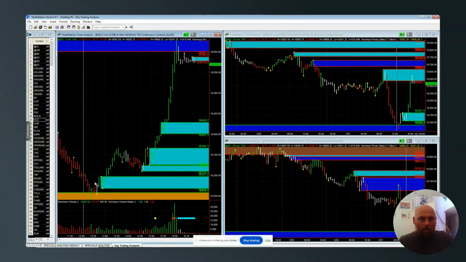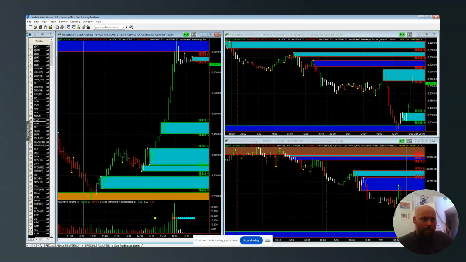So on the 5-minute, what do we pull into? A support zone. On the 30-minute, what do we pull into? A support zone. On a 1-hour or 60-minute chart, what do we pull into? We pull into a support zone. That multiple time frame confluence tells you there's price action supporting support at the 5-minute, the 30-minute, and the 60-minute time frame, so there's a good chance that things here could turn around.